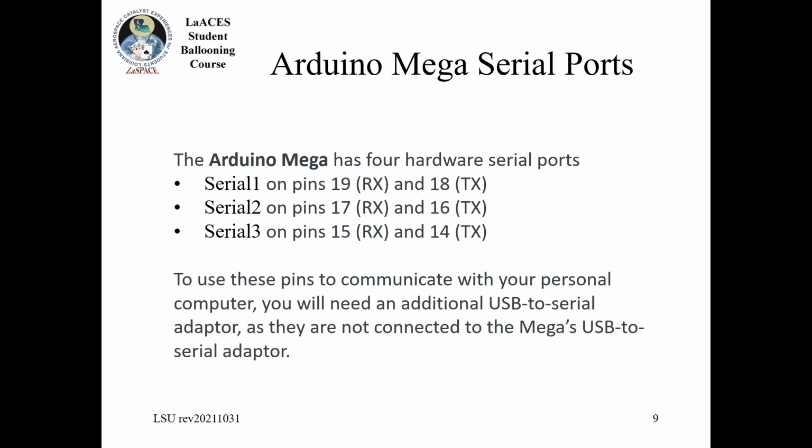In theory, you could talk to your computer through one of these other sets of pins, but you would need an adapter that would basically connect those pins to the appropriate USB pins, because only serial 0 is connected to the built-in adapter on the Mega.